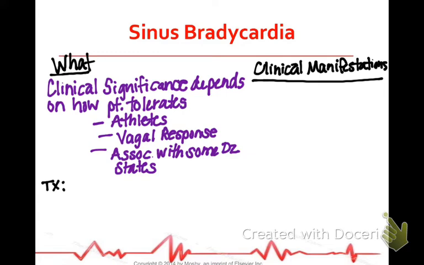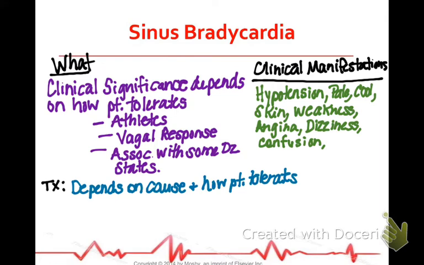Athletes, it's normal for them to have a slow heart rate, right? And then sometimes you may see bradycardia if someone has different disease states, such as sick sinus syndrome, or sometimes with coronary artery disease. So sometimes you will see some sinus bradycardia for different reasons.